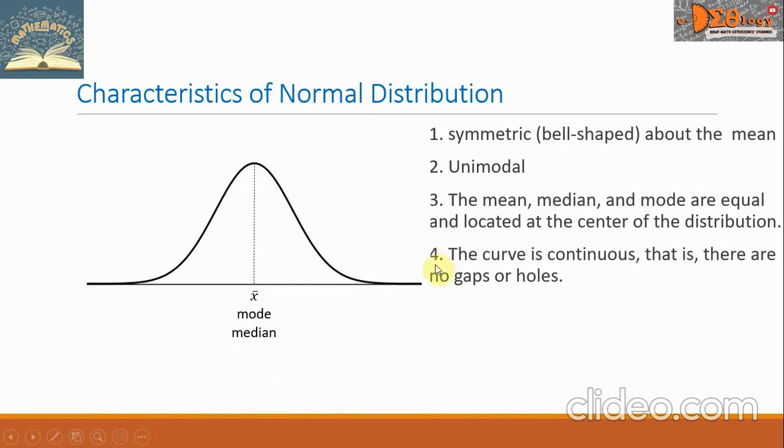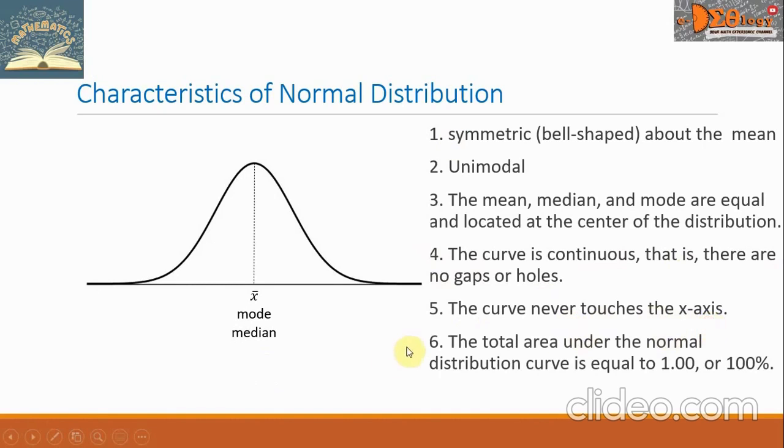Number 4, the curve is continuous, that is, there are no gaps or holes. Number 5, the curve never touches the x-axis. Number 6, the total area under the normal distribution curve is equal to 1 or 100%.